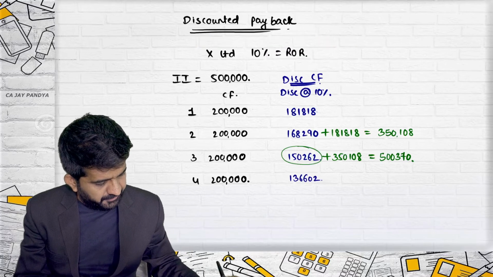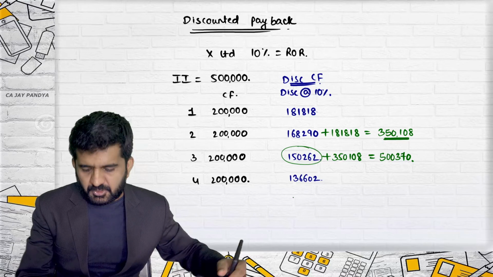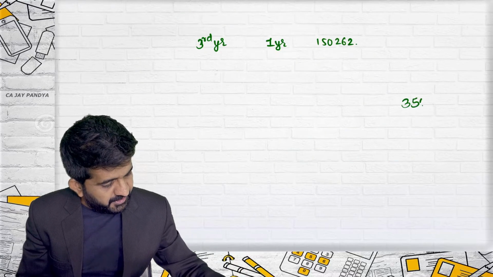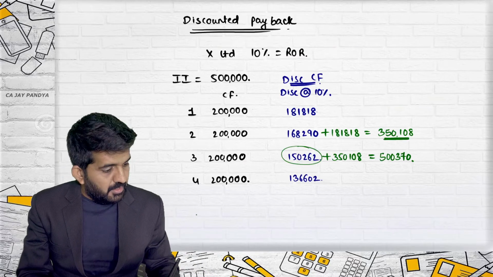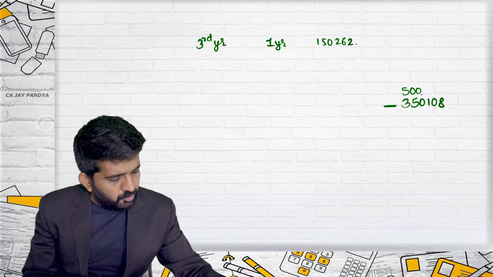How much did I want to recover in this third year? Try to concentrate. I had already recovered 3,50,108 rupees. I needed to totally recover 5 lakhs to find out my payback period.